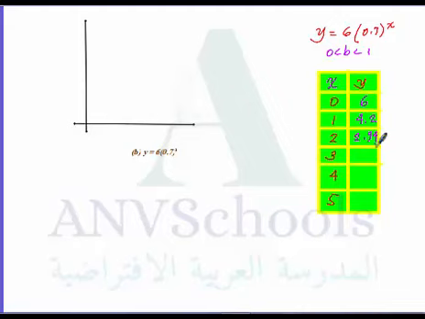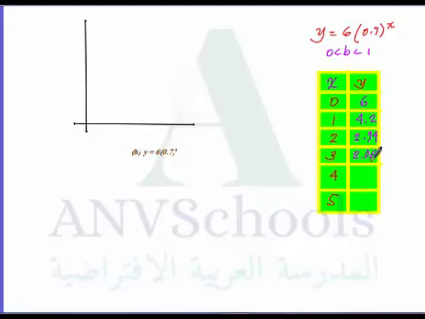If our x is equal to 3, so 0.7 cubed equals 0.343 times 6. So that will give us 2.058, or approximately 2.06.